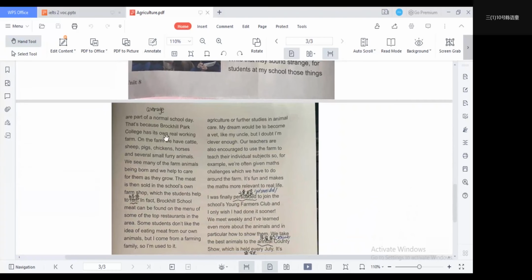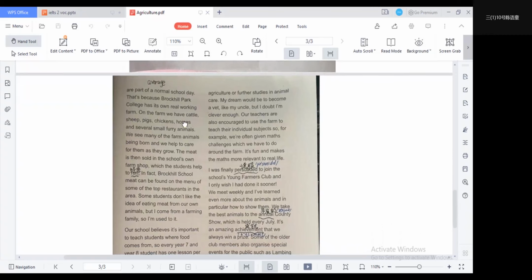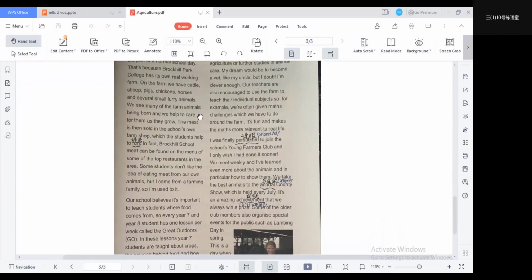That's because Brockley Park College has its own real working farm. On the farm, we keep cattle, sheep, pigs, chickens, horses, and several small furry animals. We see many of the farm animals being born, and we help to care for them as they grow. The meat is then sold in the school's own farm shop, which the students help to run.